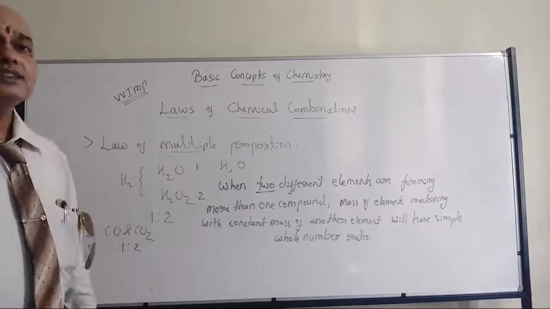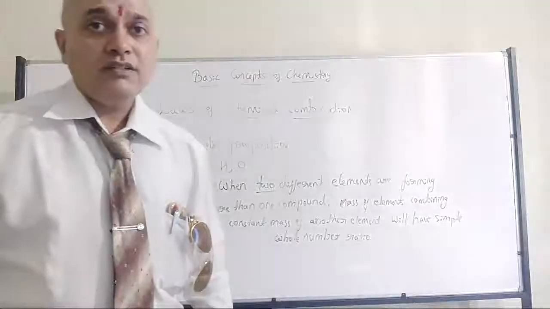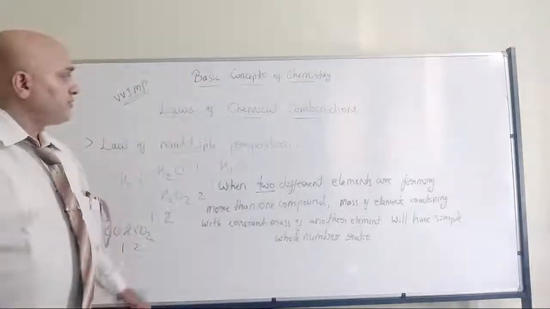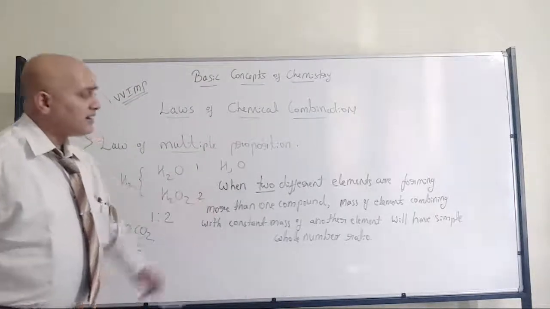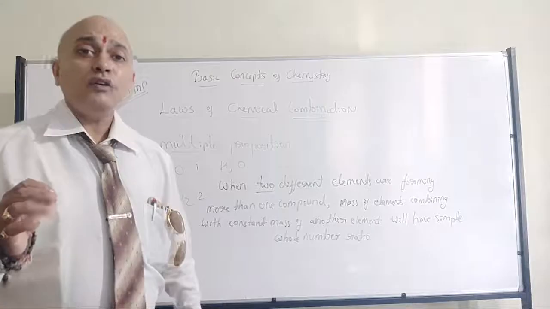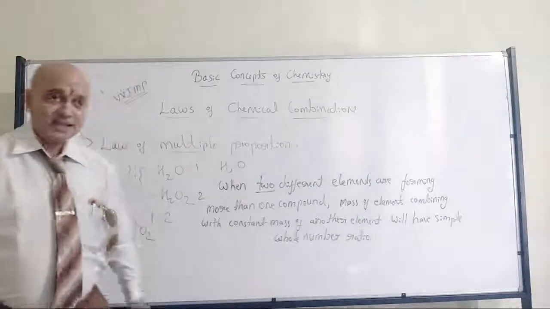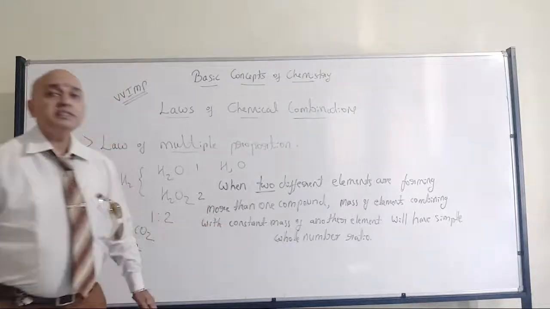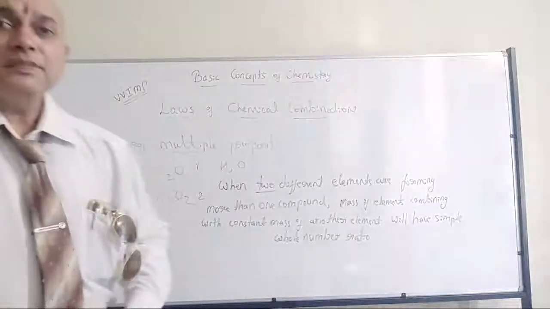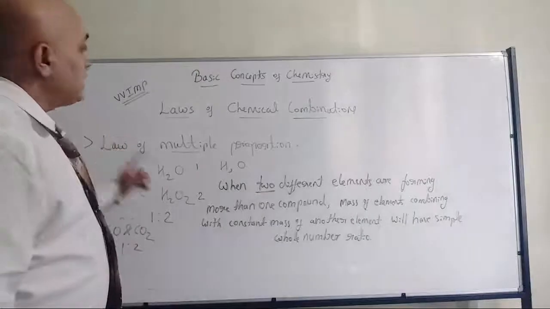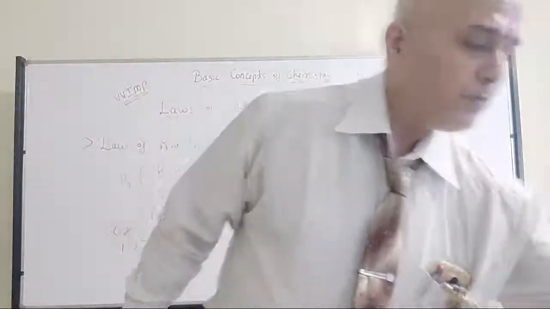That's where this law is applicable. Okay, fine. So when 2 different elements are forming more than one compound, the mass of one element which combines with the constant mass of another element will form a whole number ratio. Okay, so that's where we have the law of multiple proportion.